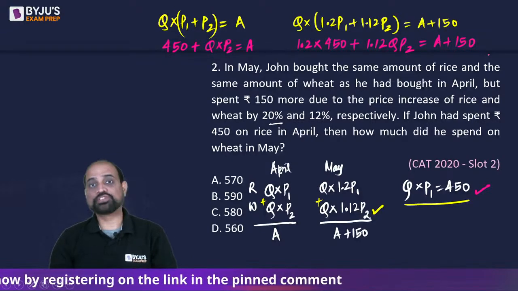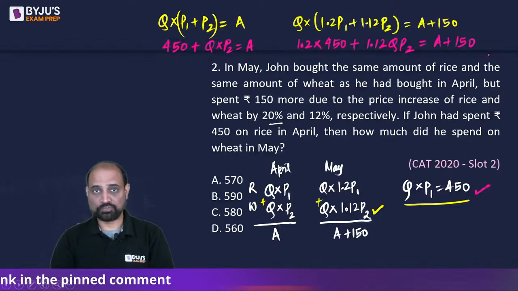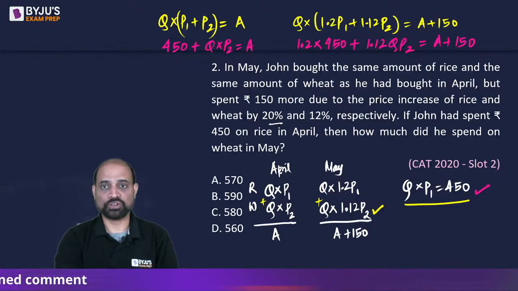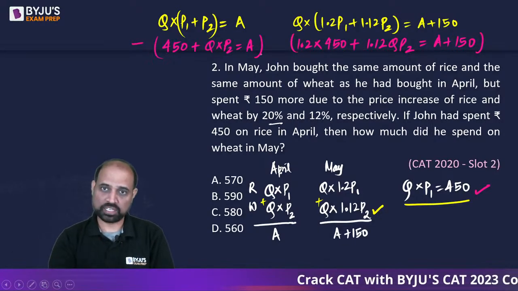Now, if we subtract, we will be able to get rid of A as well, which we were not able to before. So this is the value that we have minus this is the value that we are going to subtract, the LHS minus LHS, RHS minus RHS.